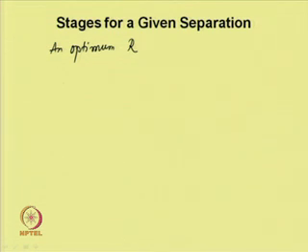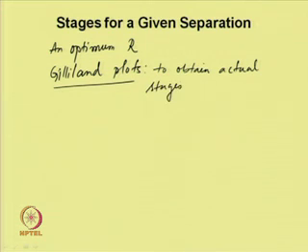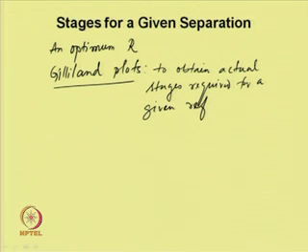Then we can use the Gilliland plots to find the actual stages required for a given reflux rate.